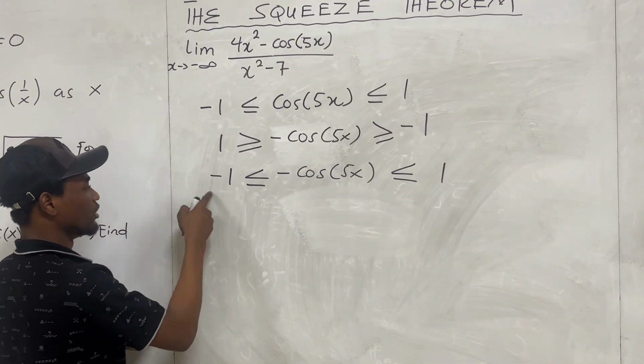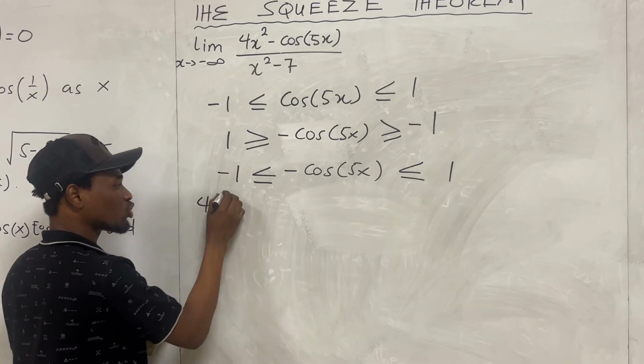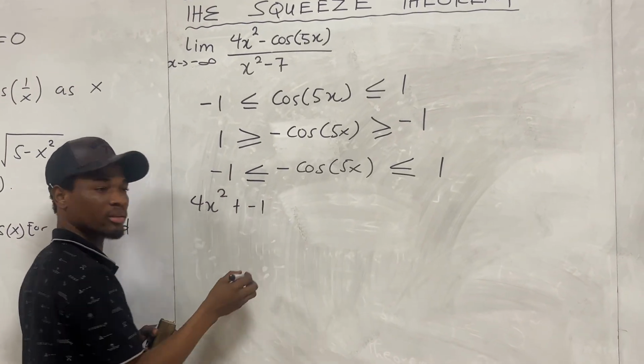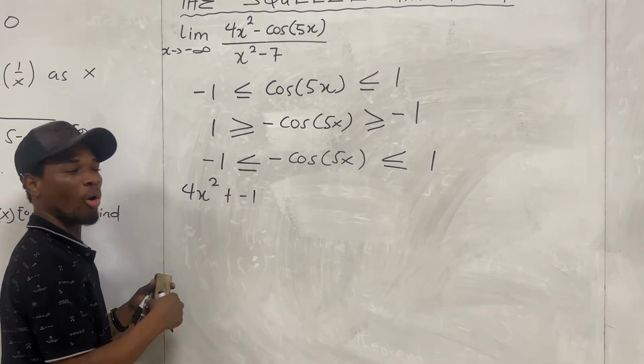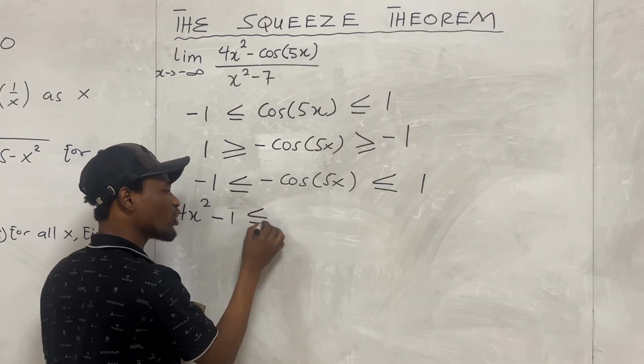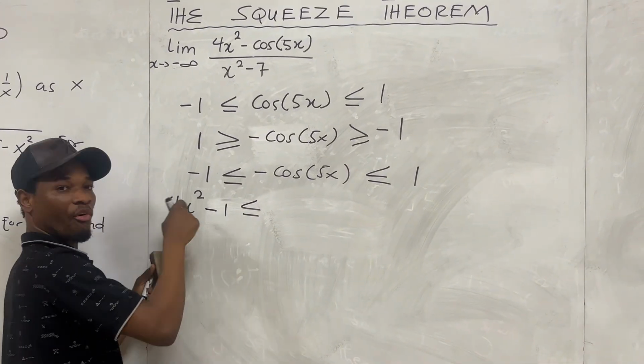So I have 4x squared being added to -1, so plus -1. So I have -1 less than or equal to, you add 4x squared.